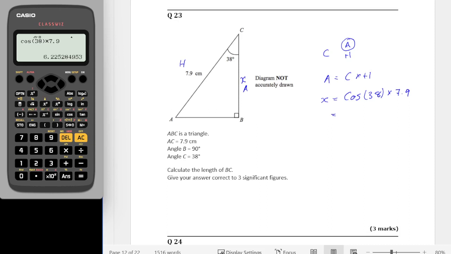So that gives me 6.222528... So I've not rounded, and then 3 significant figures, 1, 2, 3. So I'm rounding to that figure there. The number behind it is a 5, so it becomes 6.23 centimeters.